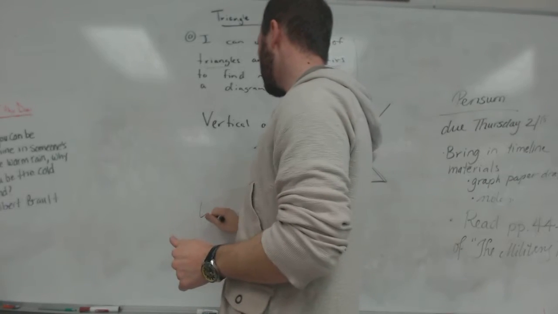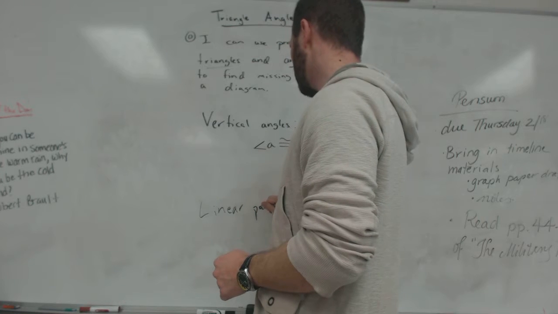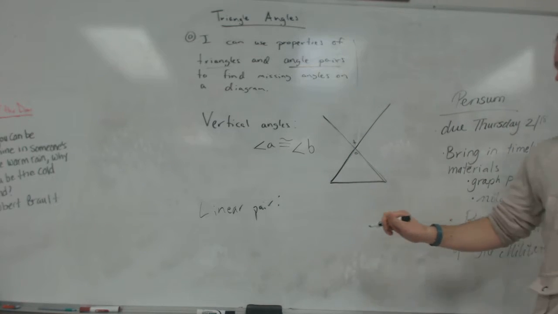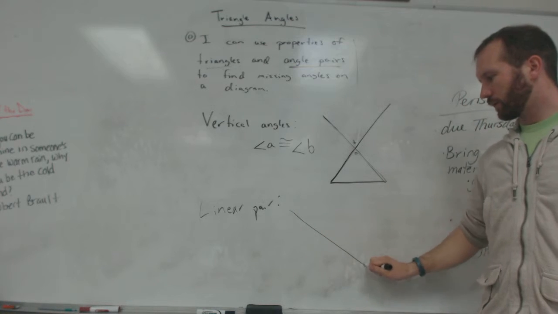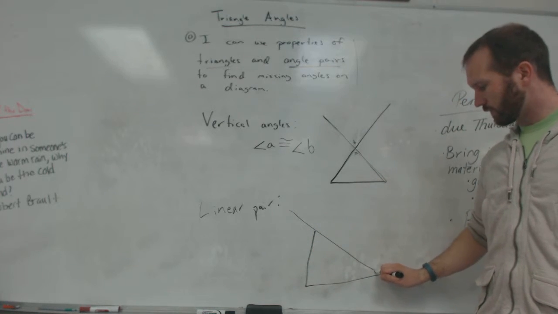And then linear pairs. What makes a linear pair? We're going to look at how this might happen in a triangle. So here's my triangle.